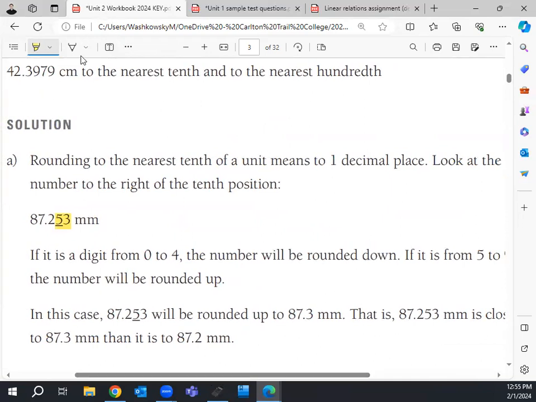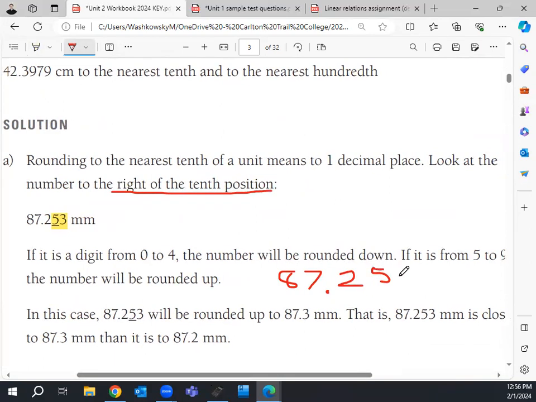Then I look to the number to the right of that, which means I'm looking at the 3. If the 3 is between 0 and 4, I'm going to round this number down, which means I would get 87.25. Because technically there's a 0 here, this 3 is going to turn into a 0. But we don't write that. We're lazy. We delete it. So it actually goes to 87.25.